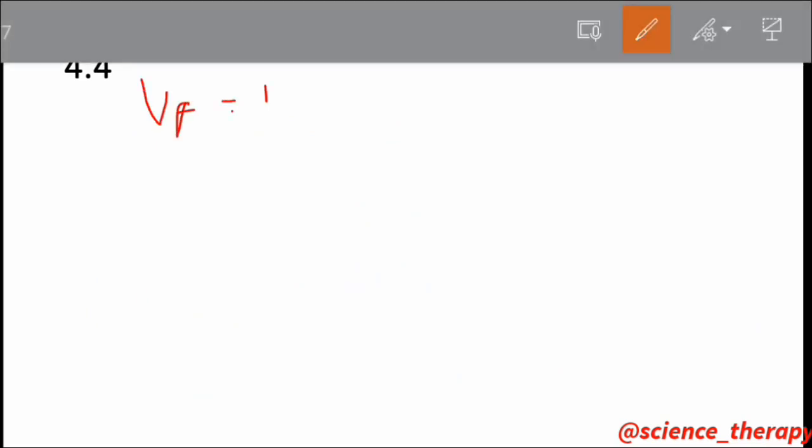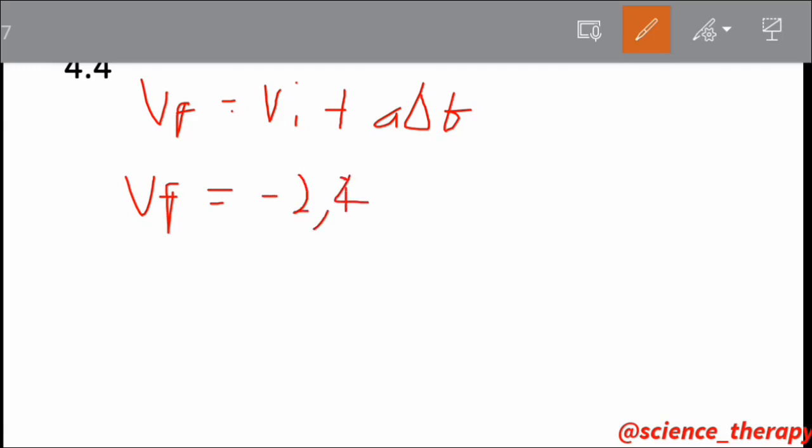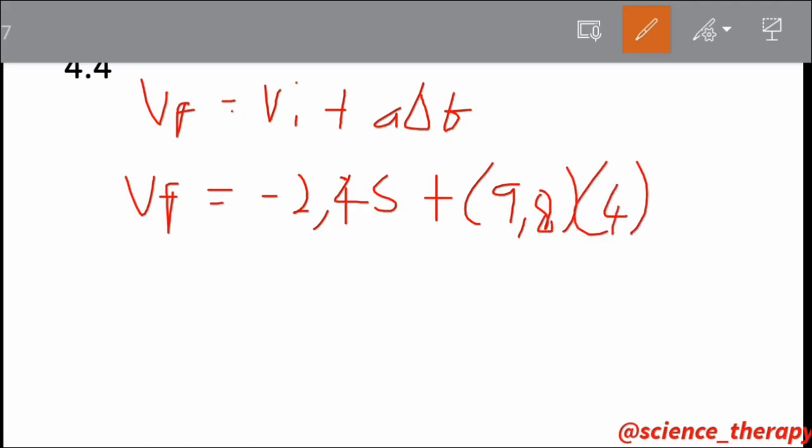So we go VF is equal to VI plus A change in T. Then we don't have VF, that's what we are looking for. But remember, we calculated VI in the previous question, negative 2.45, and then plus our acceleration 9.8, and change in time this time is 4 seconds. Remember, it's for the whole journey.